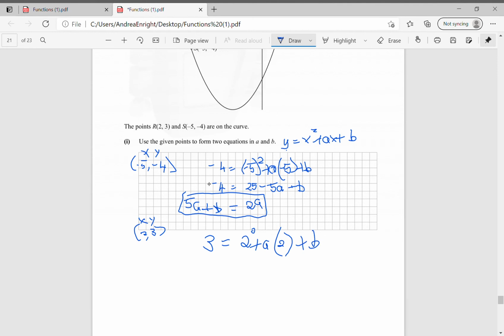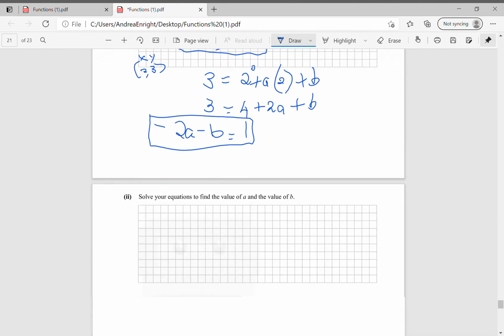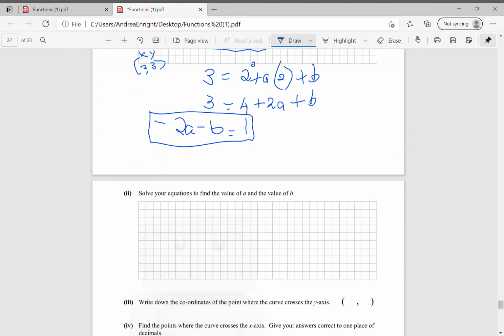So 3 is equal to 4 plus 2a plus b. So rearranging, you have minus 2a minus b equals 4 minus 3 when it comes over, so that's 1. There's my second equation.